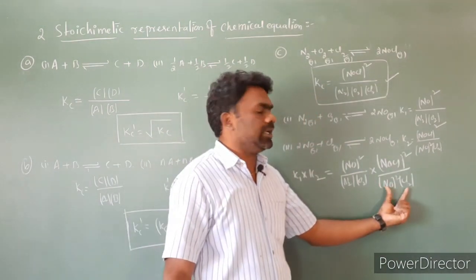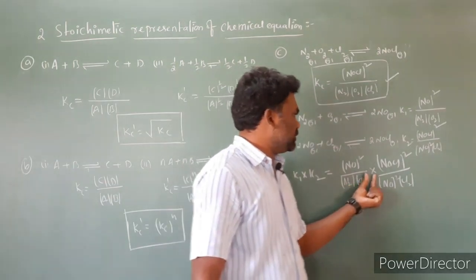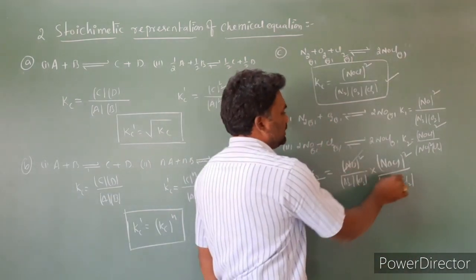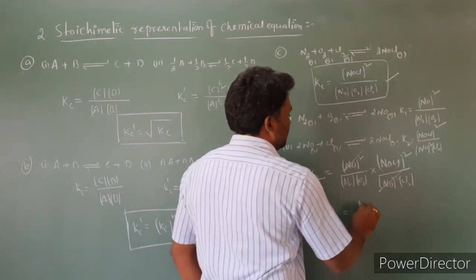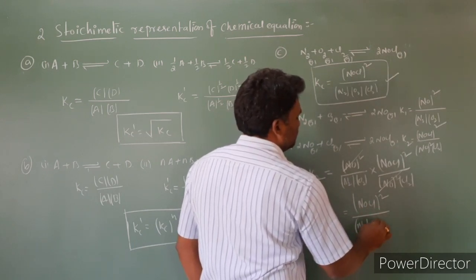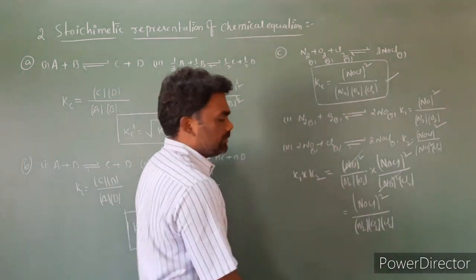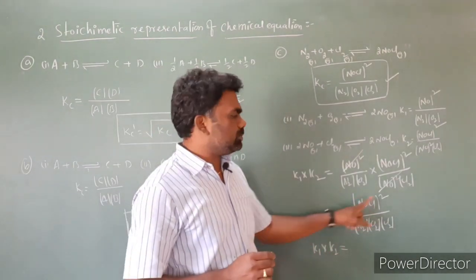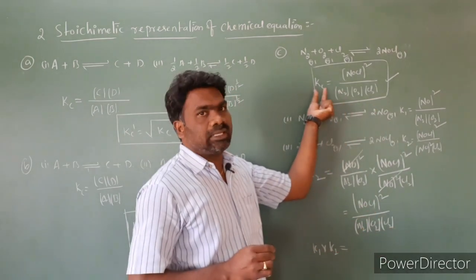So K1 into K2 is equal to NO concentration power 2 by N2 concentration, O2 concentration, into NOCl concentration power 2 by NO concentration power 2 and Cl2 concentration. Here NO concentration power 2 and NO concentration power 2 will get cancelled. What remains is NOCl concentration power 2 by N2 concentration, O2 concentration and Cl2 concentration, which is nothing but Kc, isn't it?